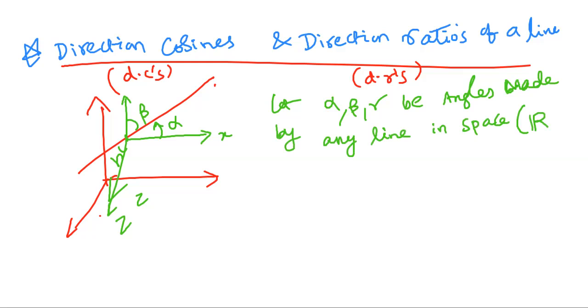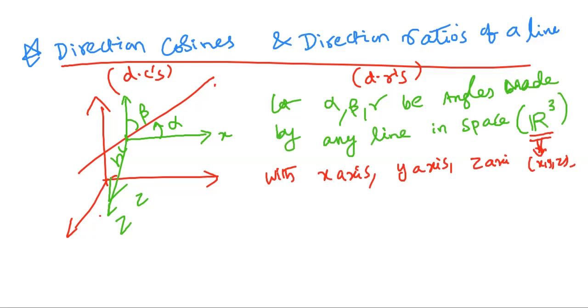Space is also written as R cube in IIT JEE notation. R cube means R cross R cross R, real number cross real number cross real number. It represents a triplet, x comma y comma z. That means you are dealing in 3D. That is what you have to understand. Any line in space with the x-axis, y-axis, z-axis respectively.